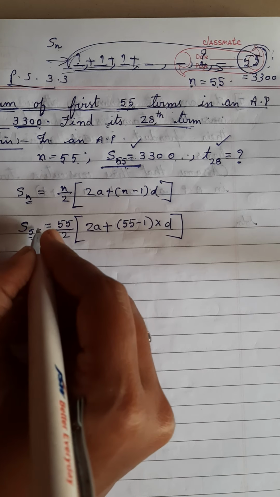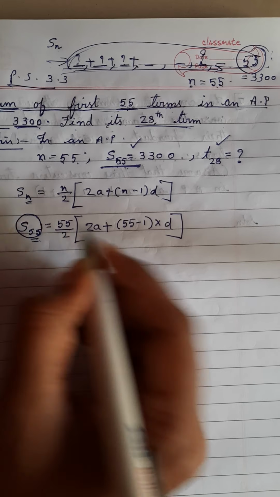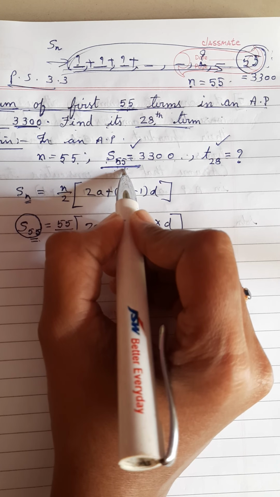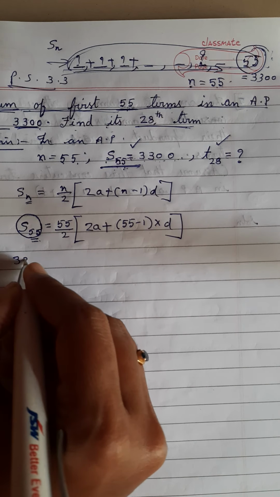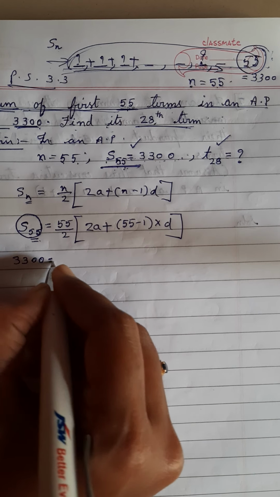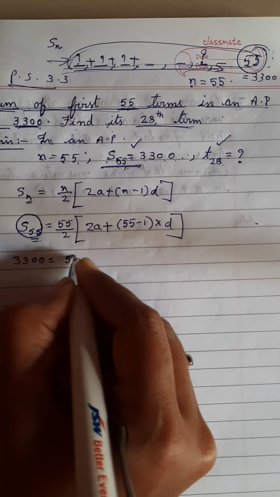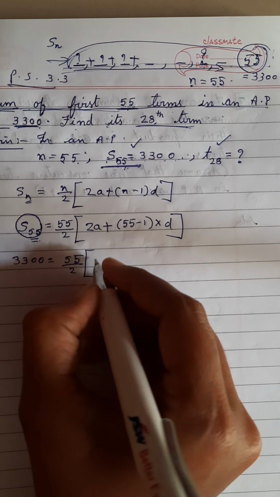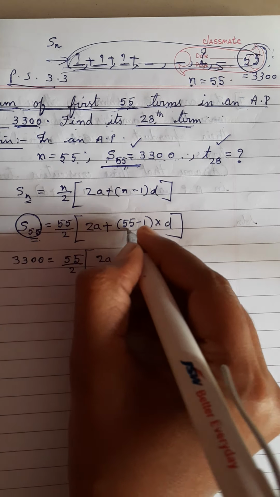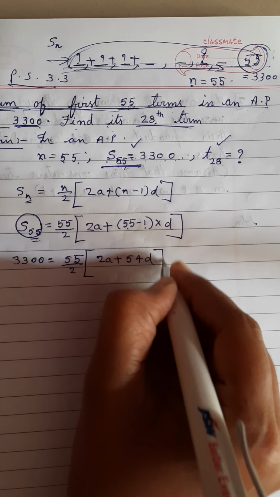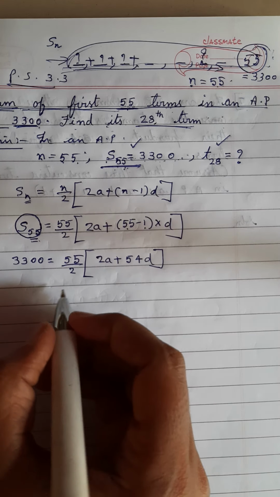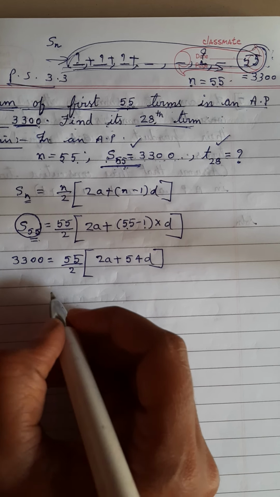Next, the value of S55 here is 3300. So in the place of S55 we substitute 3300, equal to 55 by 2 into 2a plus 55 minus 1, that is 54d.